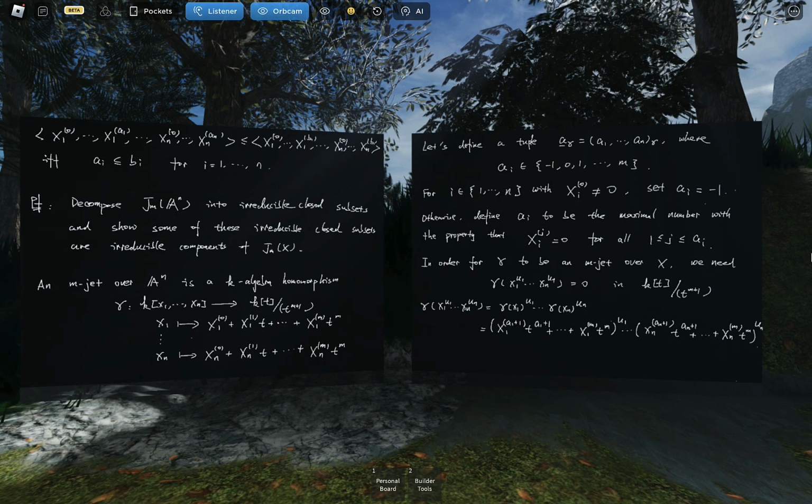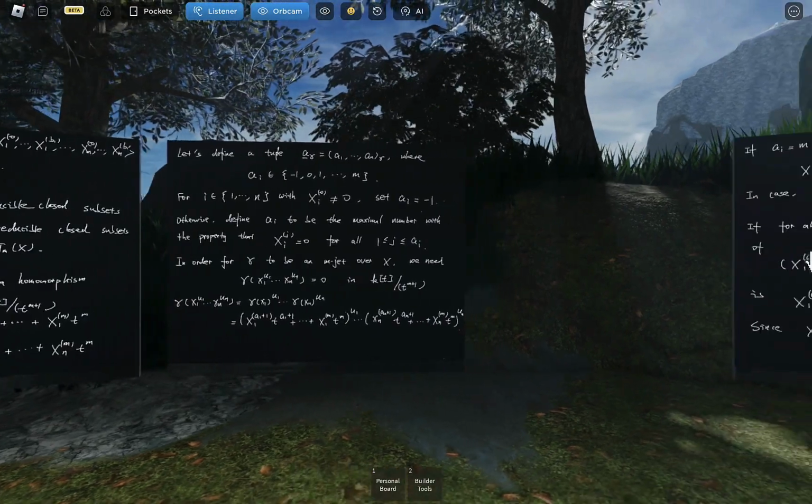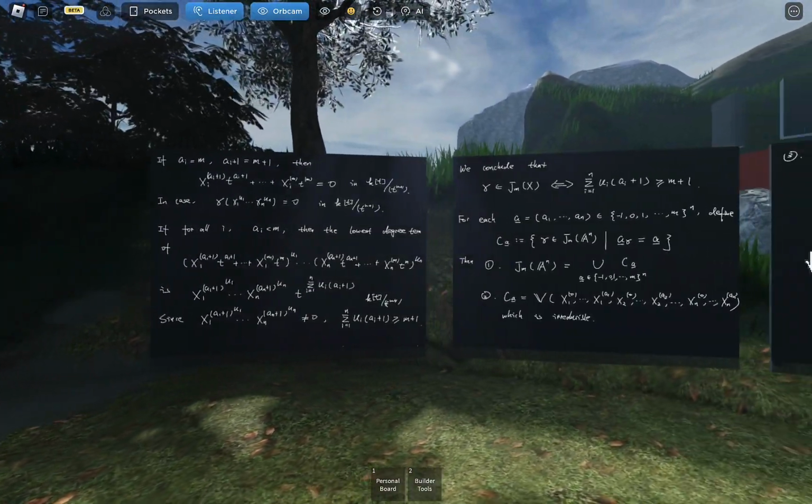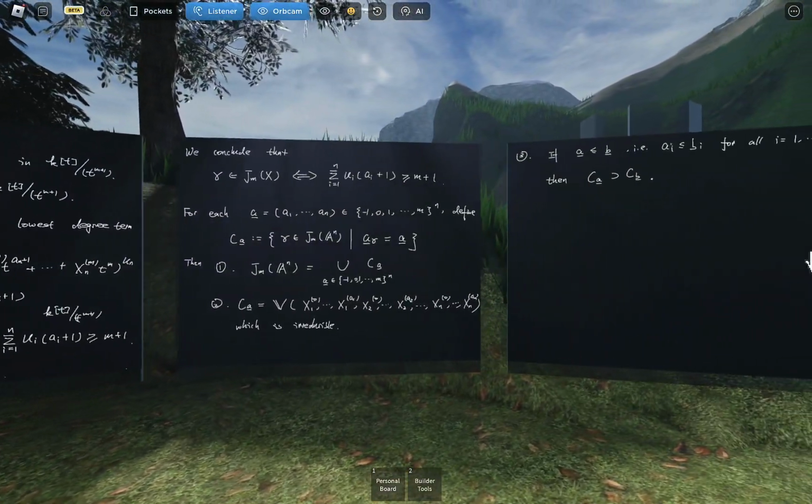Then we associate to that gamma a tuple, and this tuple is defined this way. So for each gamma, we can associate a tuple. Then we just group all these gammas according to this tuple. Cool, thanks. Any other questions?